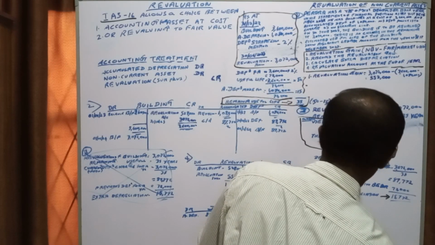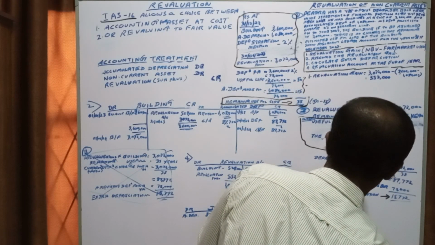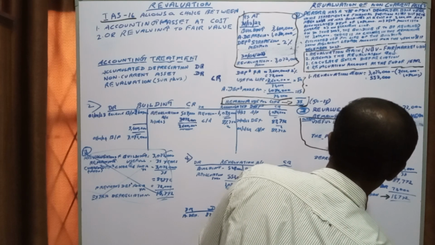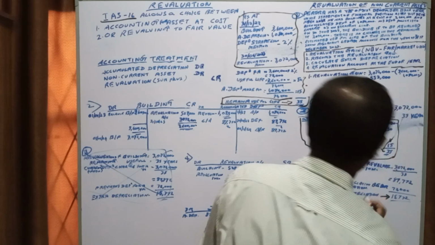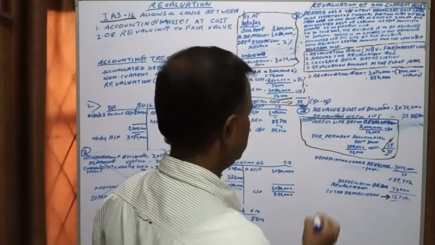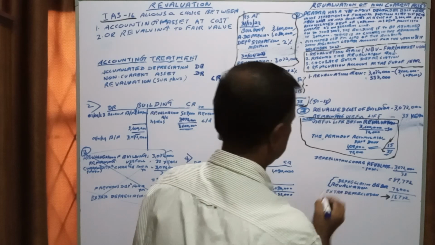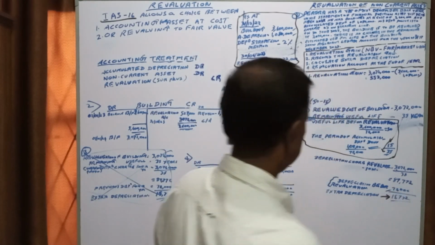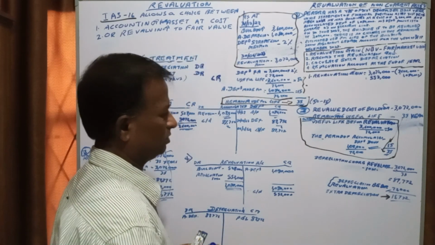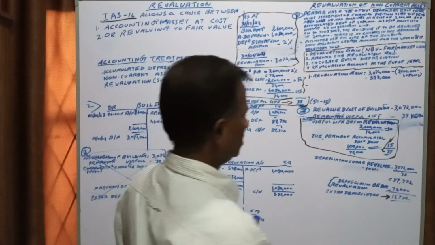This is a good term where you can understand. Depreciation before revaluation is 72,000. So it is easy to understand for you.